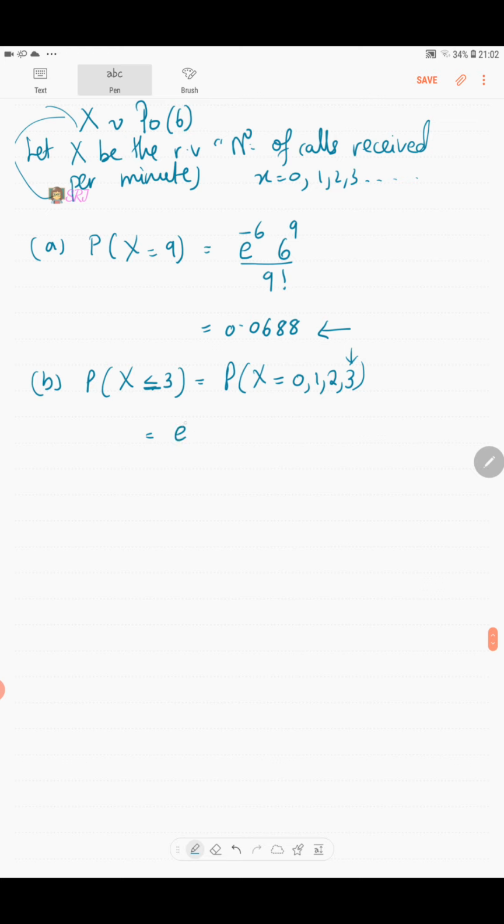So it's e power minus 6. For 0, it's 6 power 0 over 0 factorial. For 1, it's 6 power 1 over 1 factorial. For probability X is equal to 2, 6 power 2 over 2 factorial. And then for probability X is equal to 3, it is e power minus 6, 6 power 3 over 3 factorial. To make the working more straightforward, we factorize out e power minus 6.